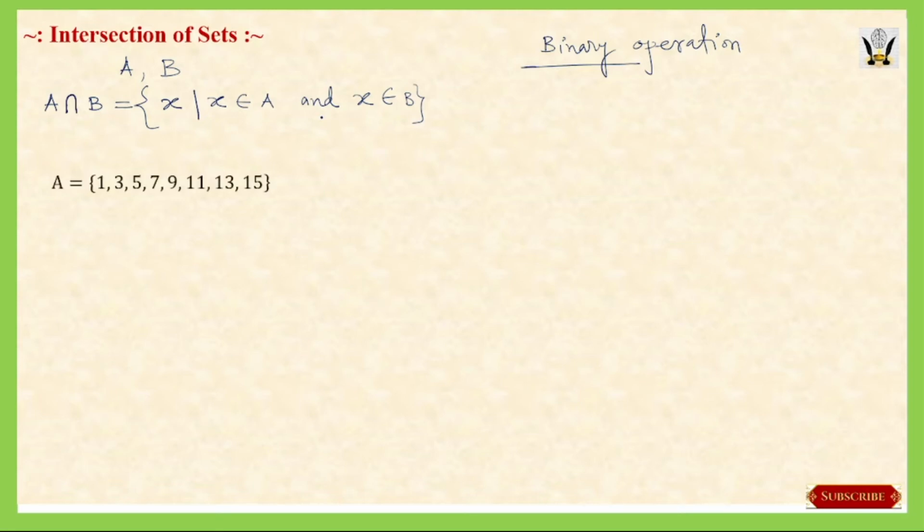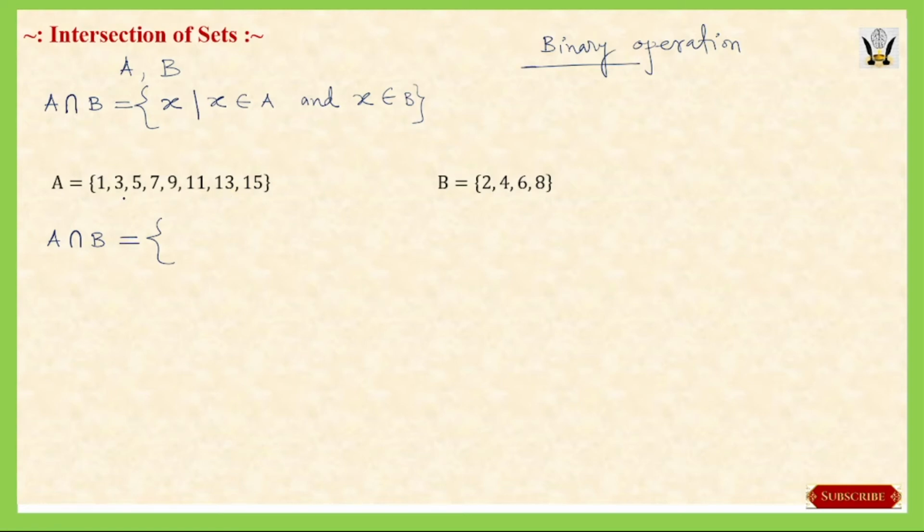Now suppose we have a set A where we have 8 elements, and then we have another set, set B, which again has 4 elements. Now we are performing the intersection operation. So A intersection B will be that set where the elements belong to A and at the same time set B. Here first we have to find what the common elements are.